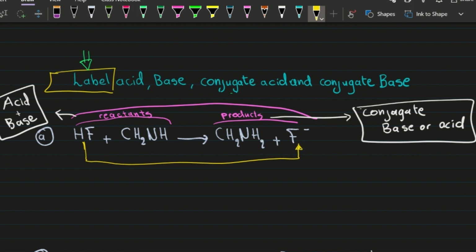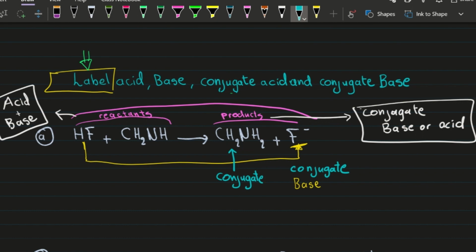So if it lost a hydrogen, then this has less hydrogen, so it is going to be a base. And remember, we already know that this is going to be conjugate no matter what on this side, and so is this right here, conjugate.